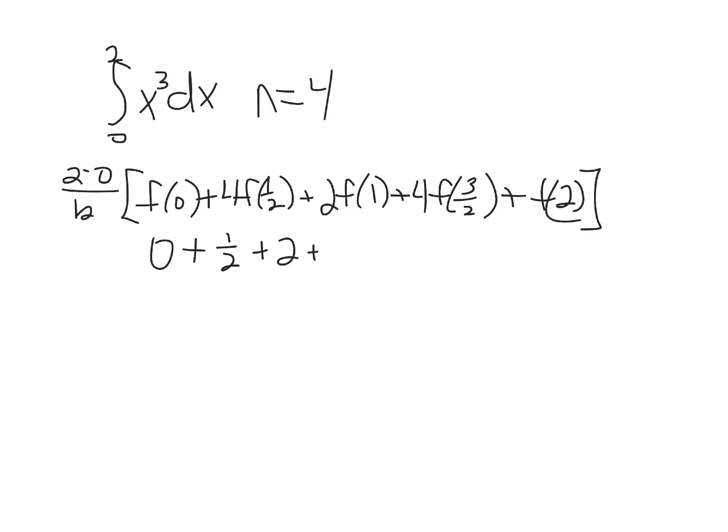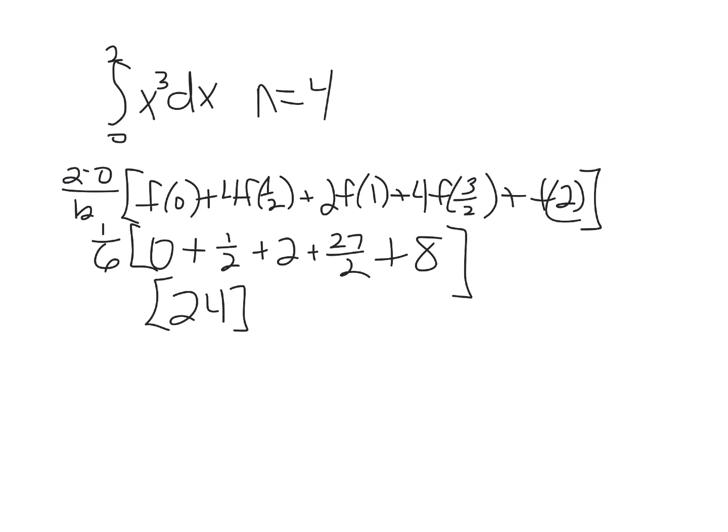Times 4 is 27 over 2. I'm going to make that 1 over 6 and just reduce it right there. F of 2 is simply going to be 8. Add them up, you're going to get 10 plus 14 is 24. 24 times 1/6 is going to be 4.